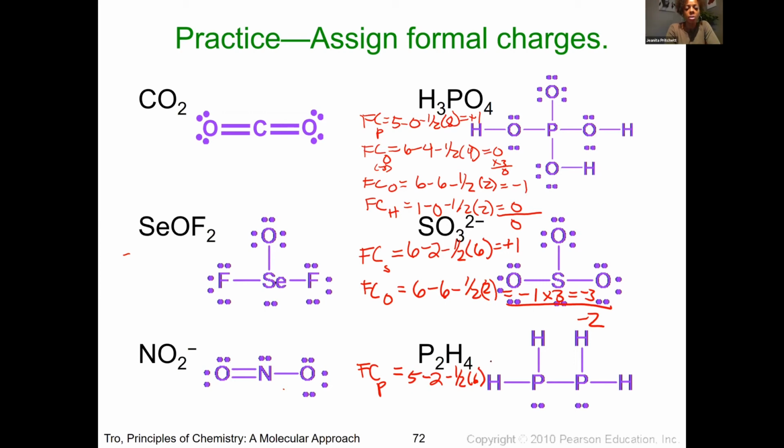All right, so that would give us 0 times 2 is still 0. And for the hydrogens, each of them are the same. So we would say 1 minus 0 minus half of 2, or minus 1, gives us 0 times 4. Overall still equals 0.